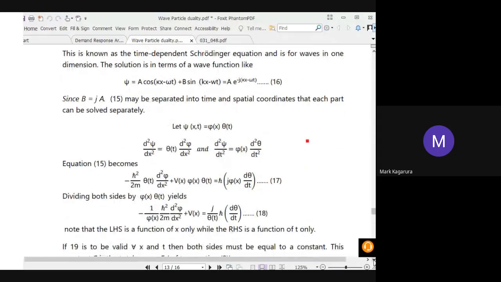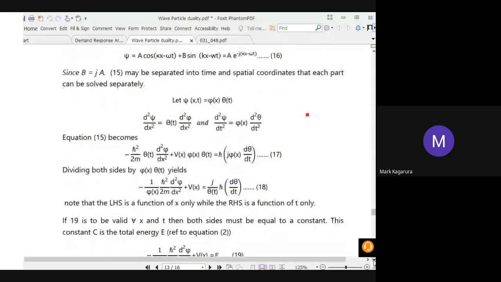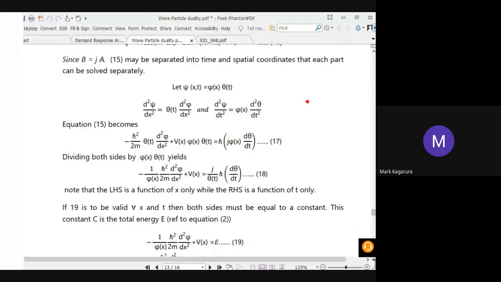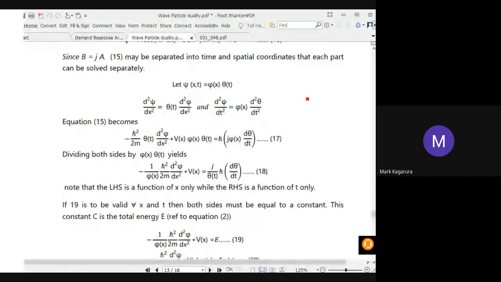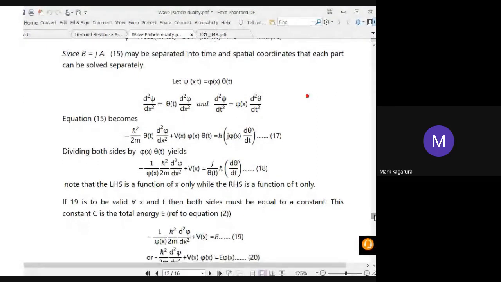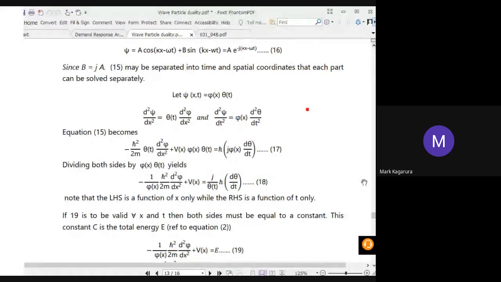Make my life easier. You just pin the screen and then I can now print screen.